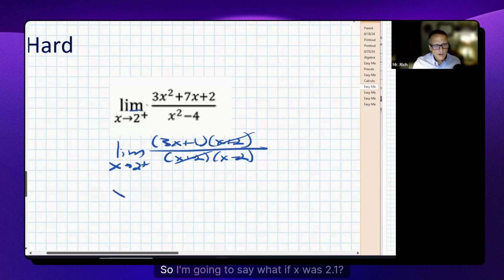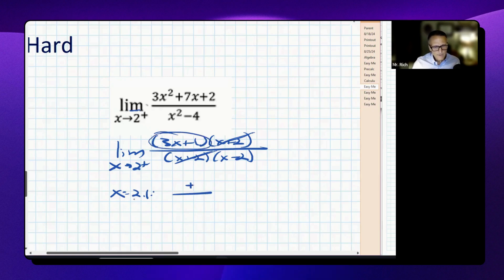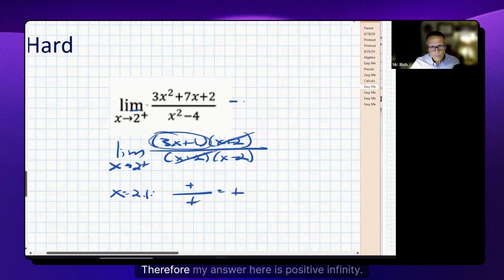So what if x was 2.1? What would I get right here? Well, we've already canceled the x plus 2's, but if it's 2.1, that's going to be a positive on the top and 2.1 minus 2 is still going to be positive. My answer is positive. Therefore, my answer here is positive infinity.